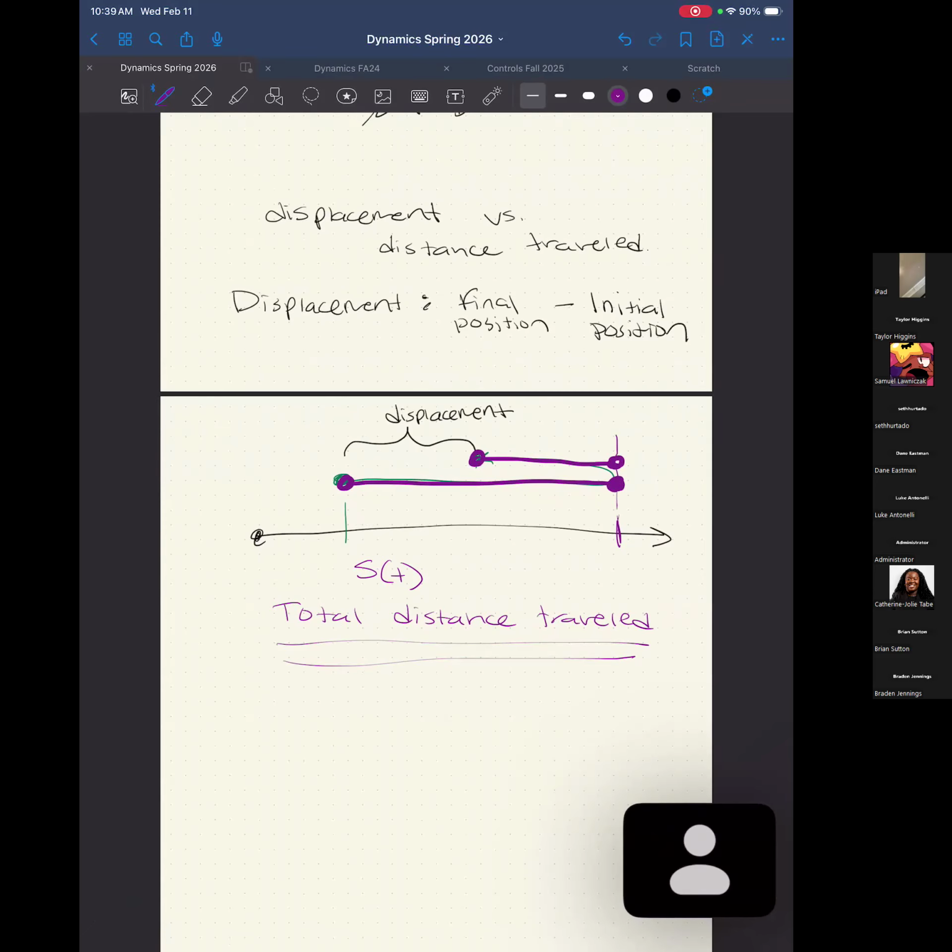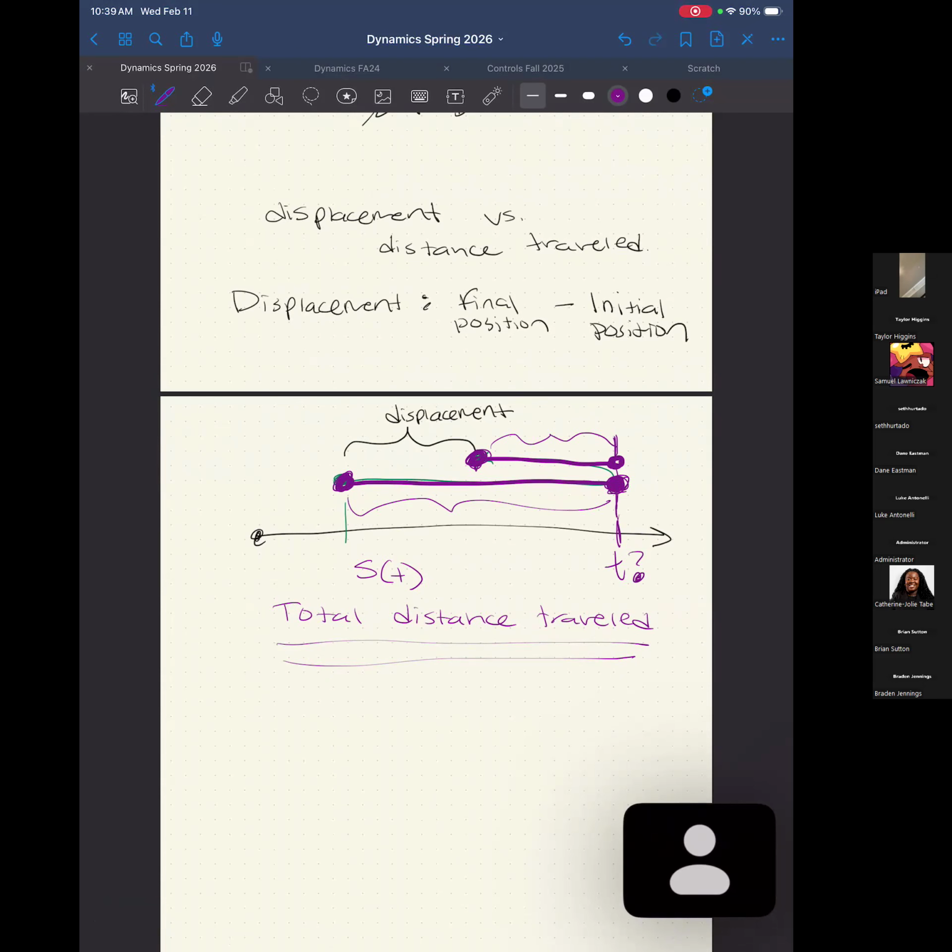So you had to figure out at what point you changed direction, what time this happened, so that you could figure out where you were at time 0, where you were when you turned around, and then where you were at this other time. Because you need to know those 3 positions in order to find the length of this plus the length of this. So the goal would then be to find when velocity is 0.